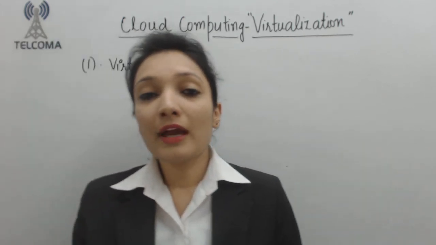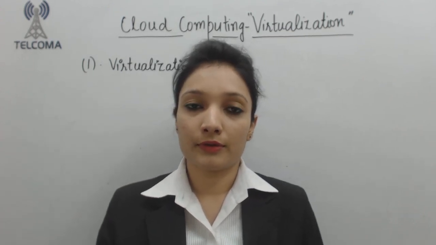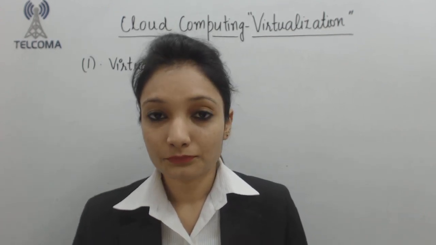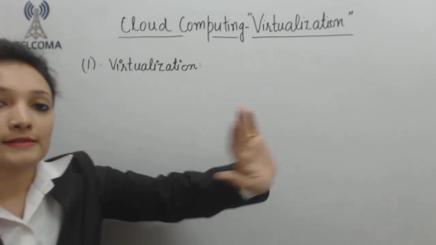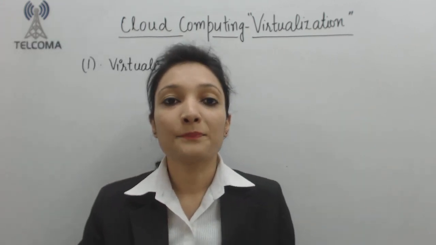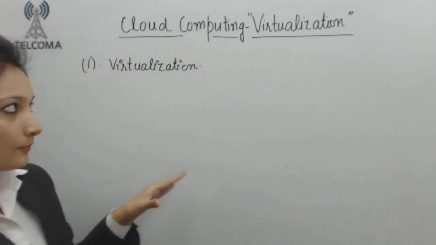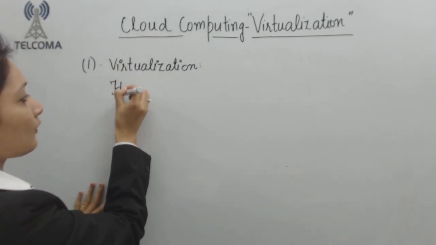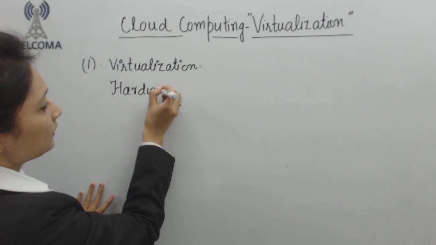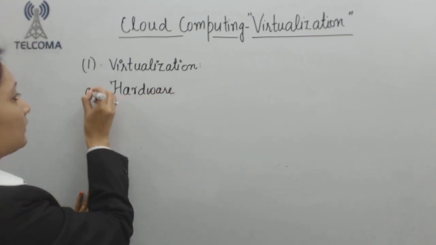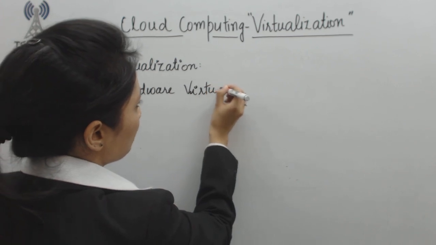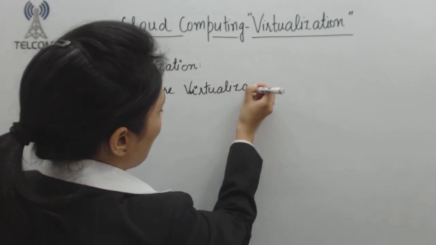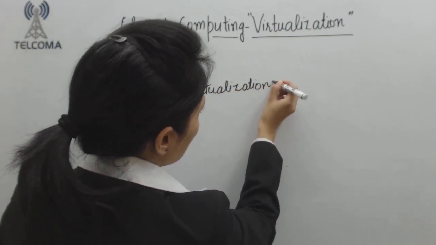Now, we have different categories of virtualization here. If we're talking about infrastructure as a service, it is mainly enabled by virtualization. So we have, first of all, hardware virtualization.